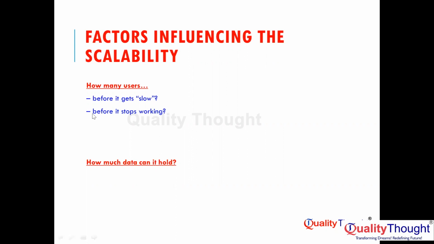By understanding when it stopped, and the number of users when it stopped. So when 6,000 users are acting on your website, it goes slow; at 7 lakh users, it stopped working. So we need to identify this information in scalability.